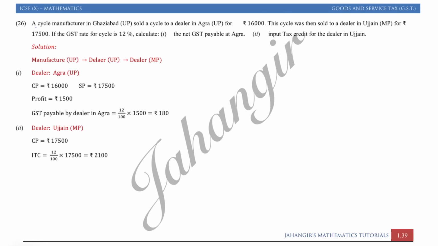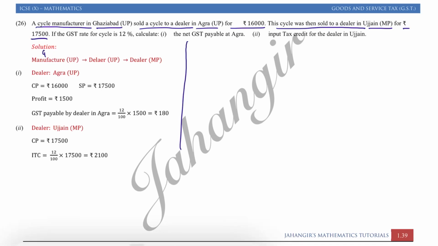Question number 26. A cycle manufacturer in Ghaziabad, UP, sold a cycle to a dealer in Agra, UP for rupees 16,000. The cycle was then sold to a dealer in Ujjain, MP for rupees 17,500. If the rate of GST for the cycle is 12%, calculate net GST payable at Agra. So if you will see, manufacturer is in Ghaziabad.